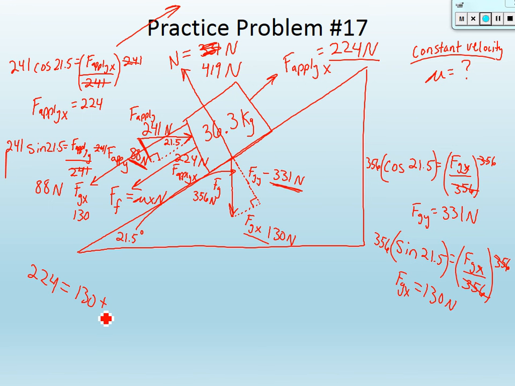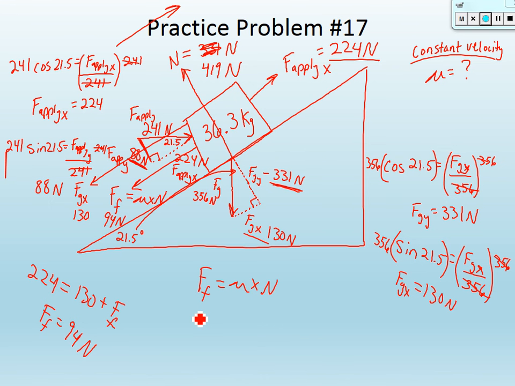And then what else was going down was force of friction, right? So what does force of friction equal? 94 newtons. So I'm going to put that in right here, 94 newtons. Now that I have force of friction and normal force, can I solve for the coefficient? Yeah, let's do that. Force of friction is equal to mu times the normal force.